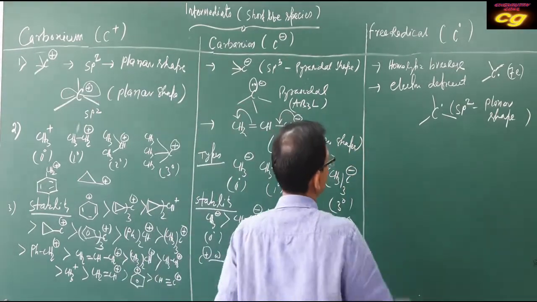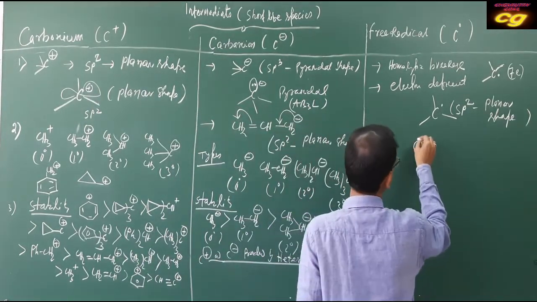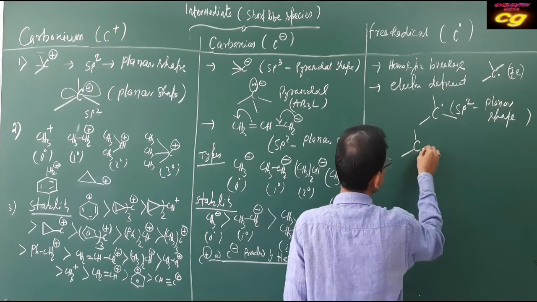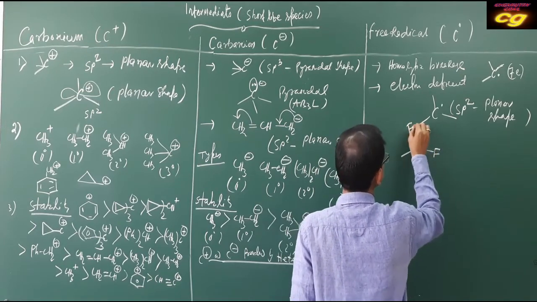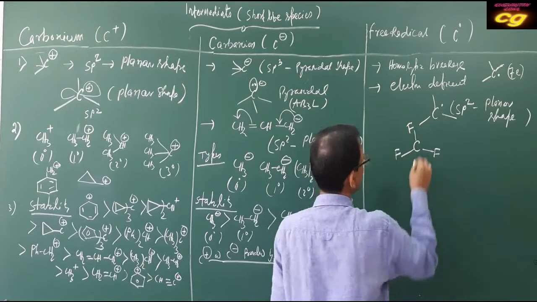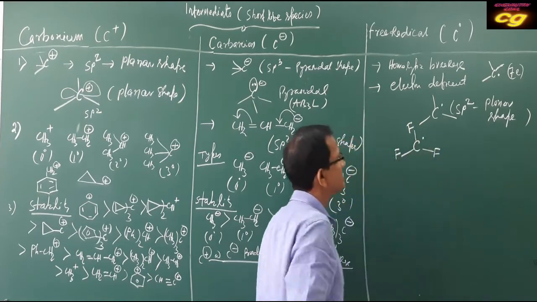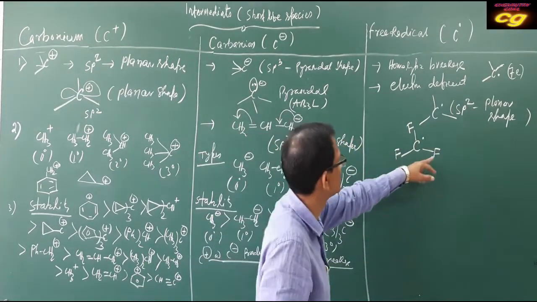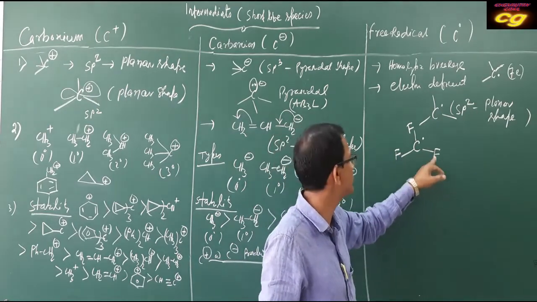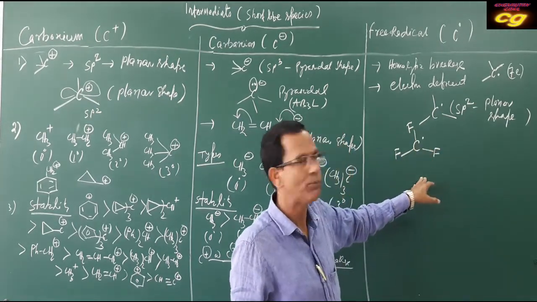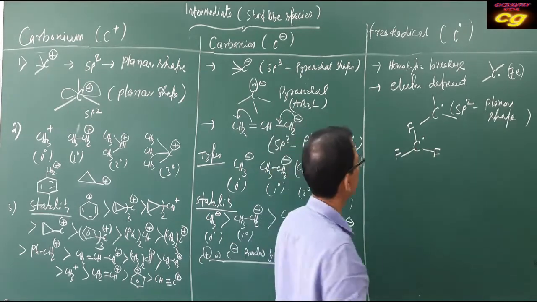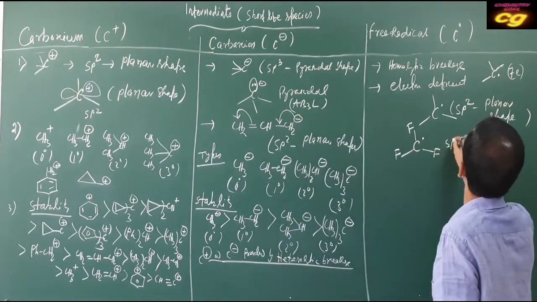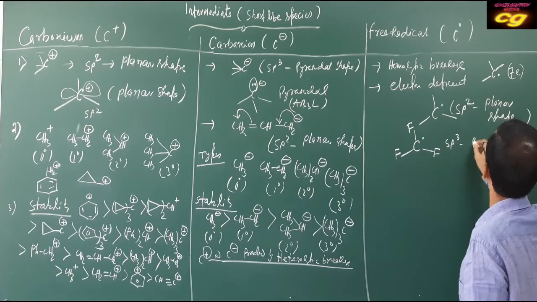For example, this type of radical, if you see, is not stabilized because fluorine has no vacant orbital. That's why it cannot form a pi bond with carbon. So it is generally sp3 hybridization, pyramidal shape.